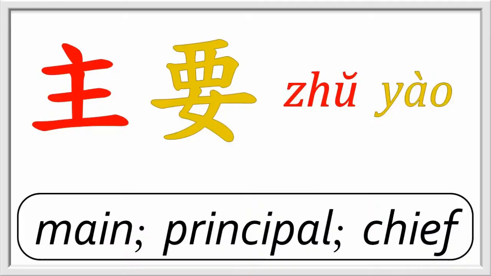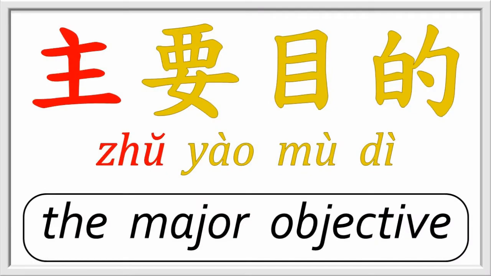As I've said many times in these lessons, single Chinese characters might be misunderstood in speaking, so the most common adjective for primary, chief, or main is 主要. In combination with goal or objective, we have the phrase 主要目的, meaning our major objective.